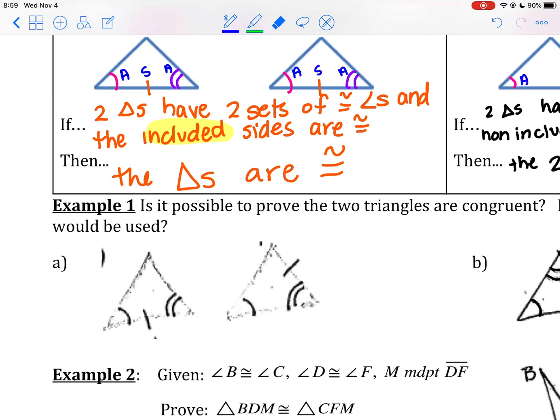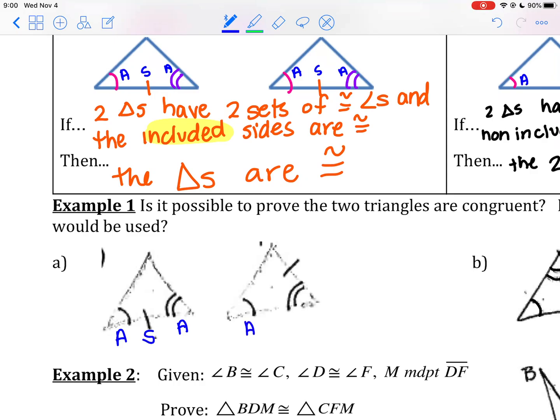So in example 1a, here I have two triangles, and both of them have two sets of congruent angles shown and one congruent side. So in order to follow triangle congruence and to use one of these, they have to be in the same order. So based on how this first triangle is set up, we have two angles and the included side. So this one is set up as angle, side, angle.